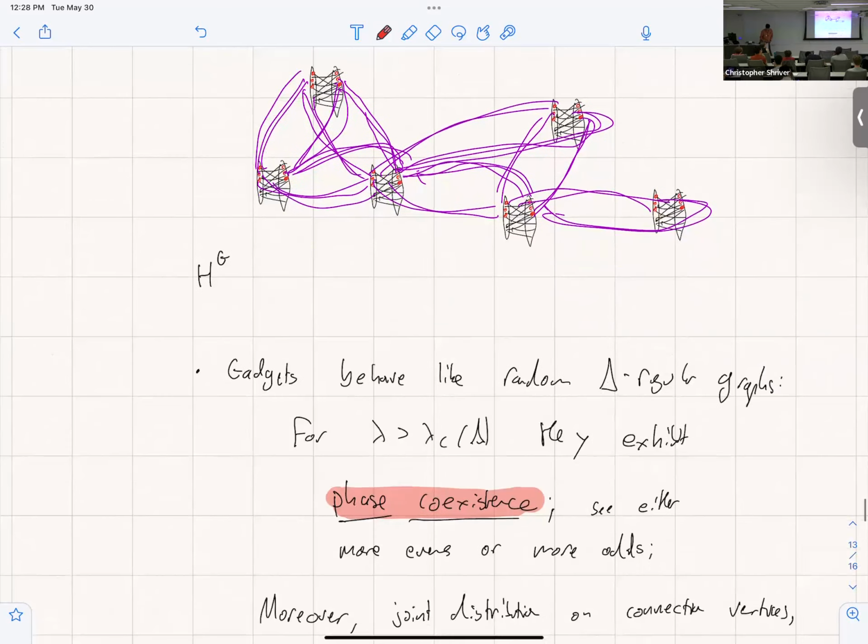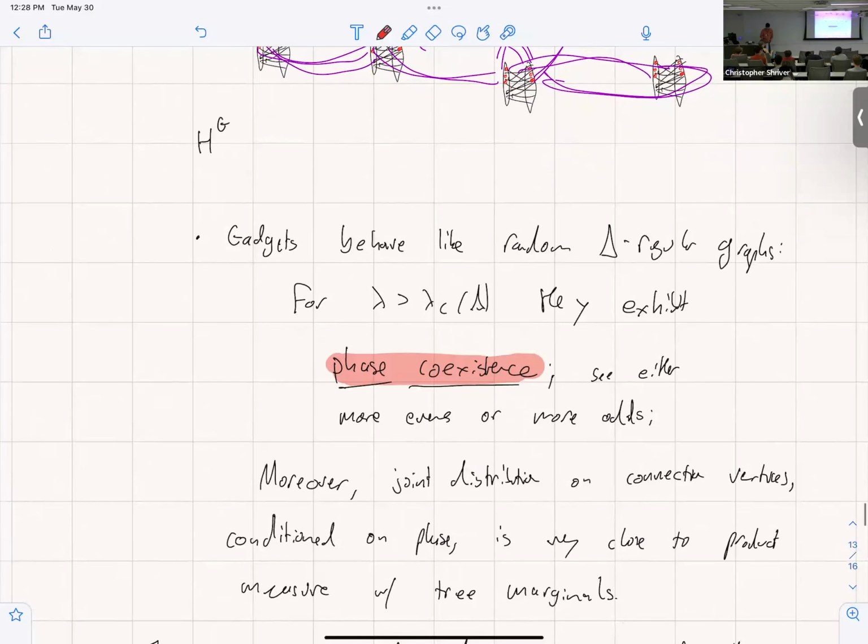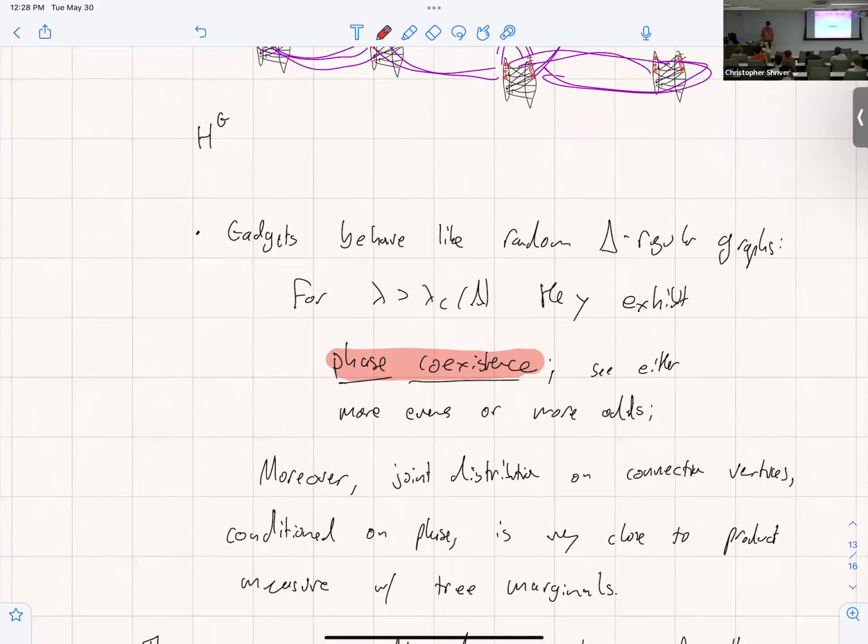Okay, and what Sly showed using first moment method, second moment method, small subgraph conditioning, fairly intricate technical work, was that the gadgets that are missing these things behave like random delta regular bipartite graphs. And then he showed some very precise behavior.